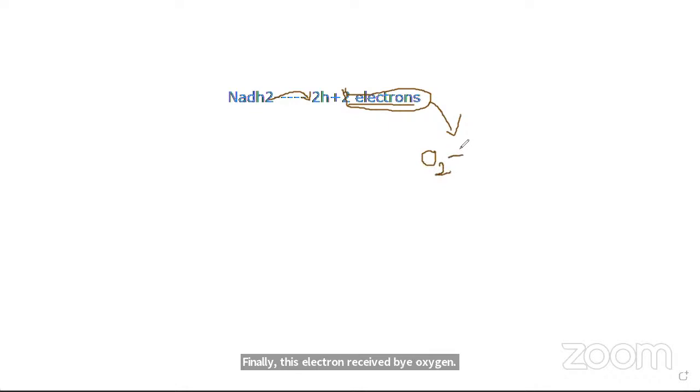As a result, a water molecule is formed. I will clearly explain later how the water molecule is formed, but first remember this is the whole concept.